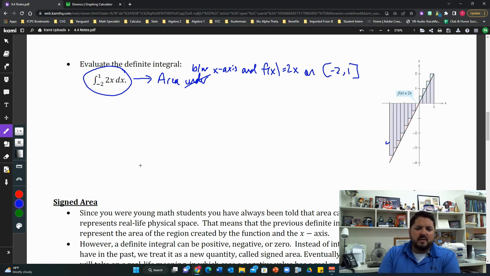So if we take this notation and translate it into our direction, well, right now, the only way to come up with the actual area, because it doesn't say to approximate, we want to know the actual value of this, is this: the value of this integral is equal to that area between the graph of y equals 2x and the x-axis.